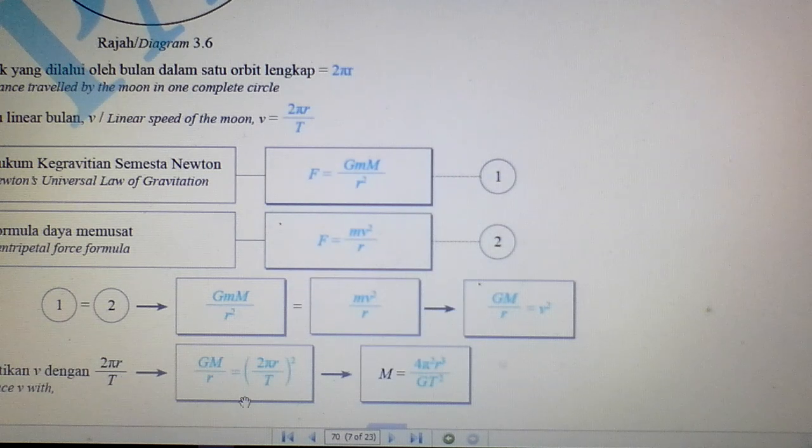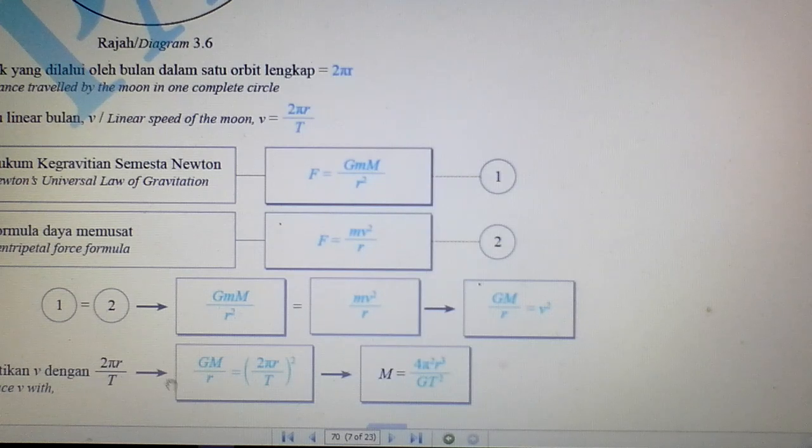From this formula, you substitute the value of v, which is 2 pi r divided by T. You substitute into the v here, open the bracket, and it will become GM divided by r equivalent to 4 pi squared r squared divided by T squared.